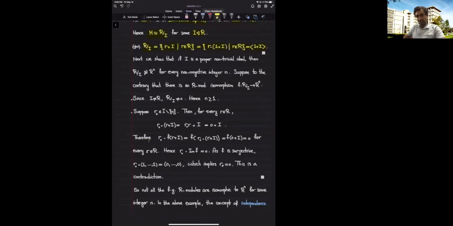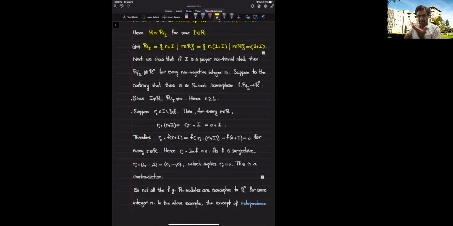Not being a field implies that it has an element that is not a unit. So I'm assuming that it's a unital commutative ring. An element a is not a unit if and only if the ideal generated by that element is a proper ideal. It's a proper non-trivial ideal, assuming that a is not 0.